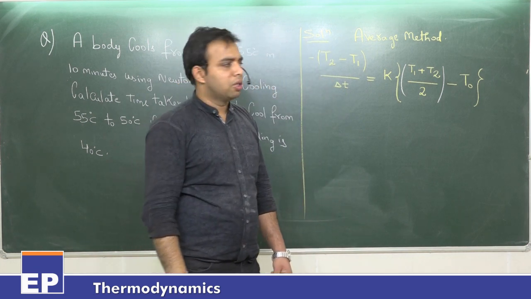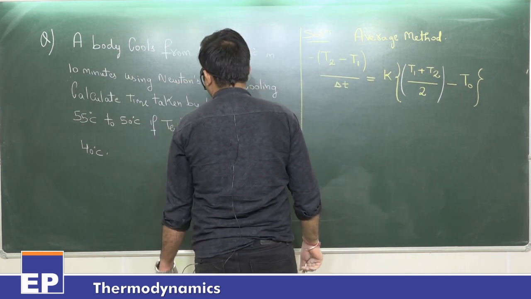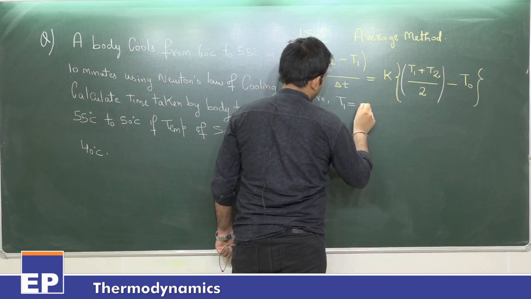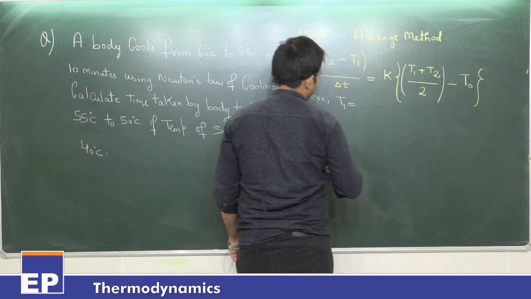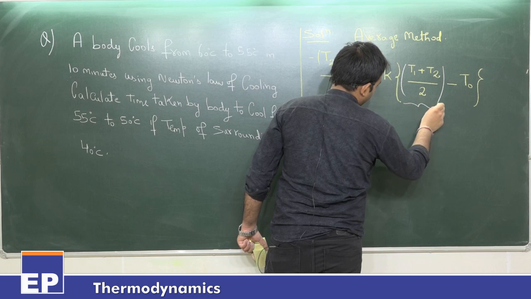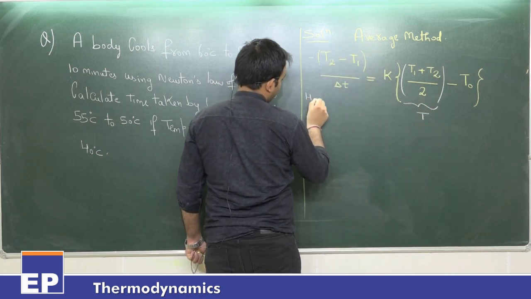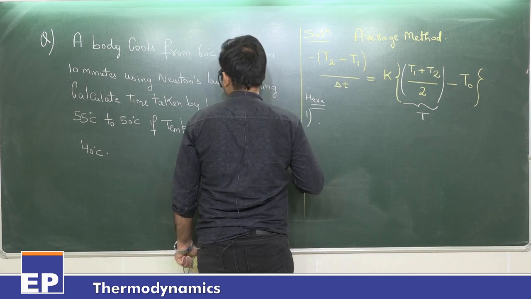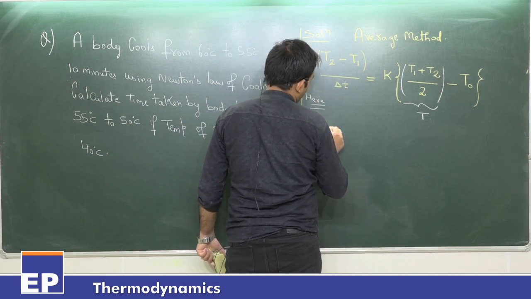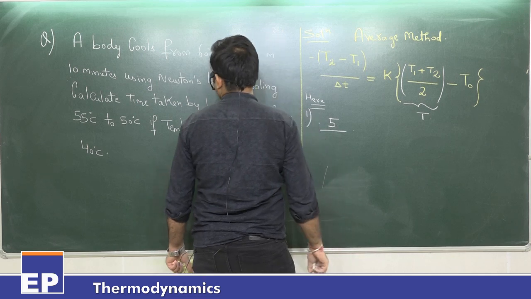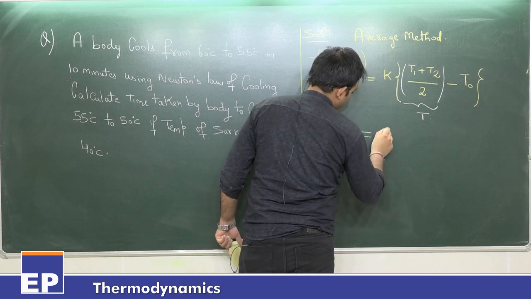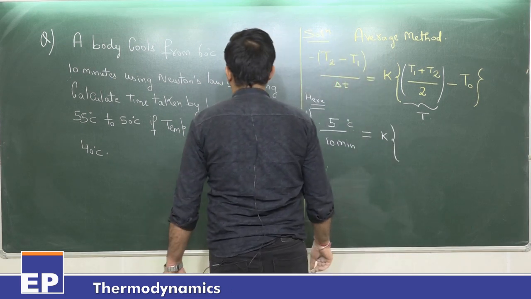T1 plus T2 by 2 minus T naught. राइट जैसे यहाँ पे T1 कितना है, T1 is equal to 60. जैसे first case में यूज करो, ये T बन गया मतलब हमारा here. First case में अगर यूज करेंगे T1 to T2, 60 to 55 तो it is minus 5 आएगा but minus लगा तो 5 by delta T. What is delta T? 10 minutes. K times T1 plus T2 by 2.